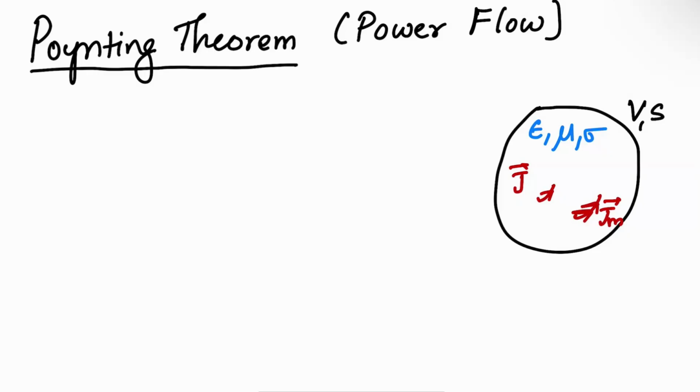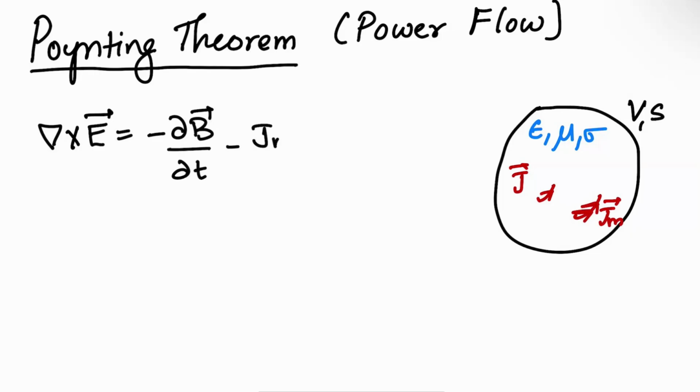All right. So we assume that V is homogeneous, and we start with Faraday's law. So this is the upgraded one with magnetic currents. And we also have modified Ampere's law.